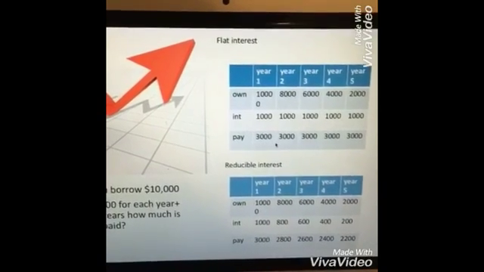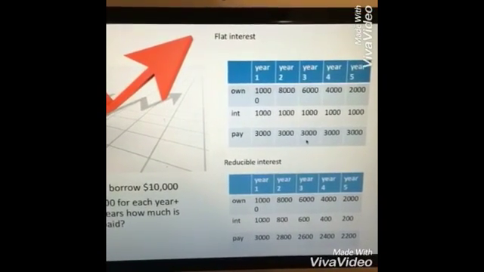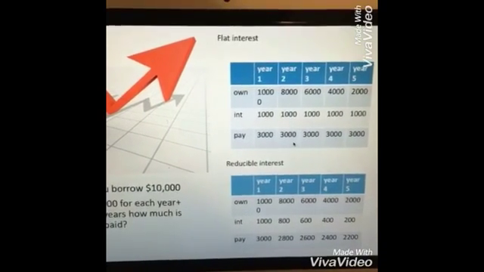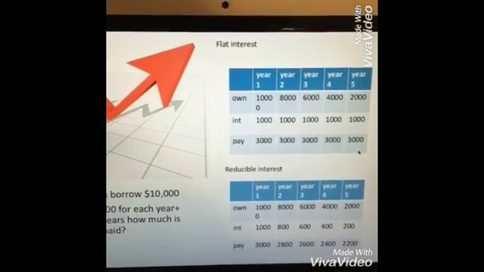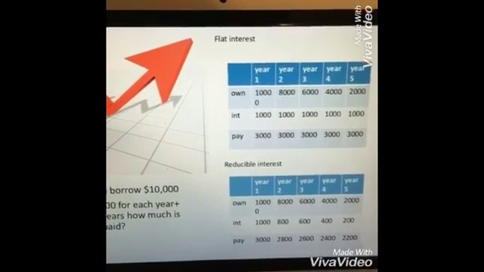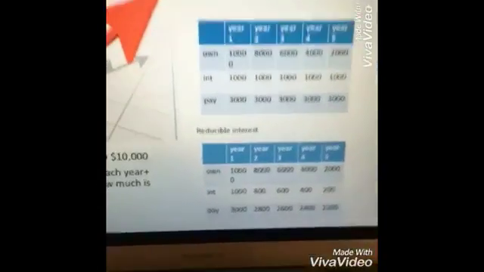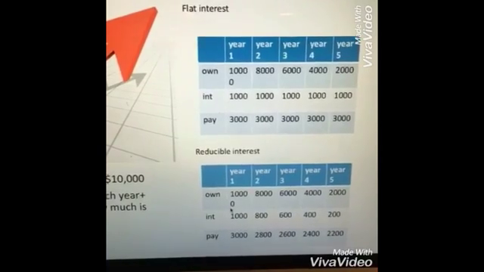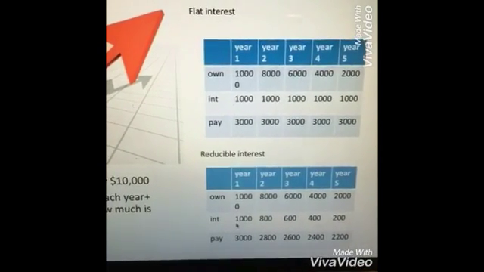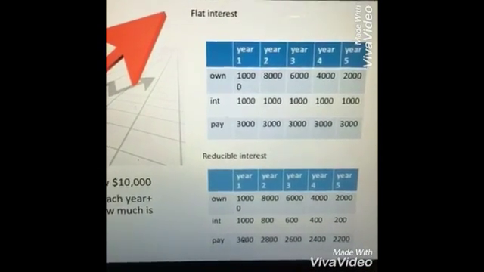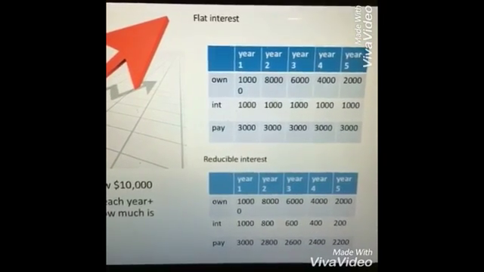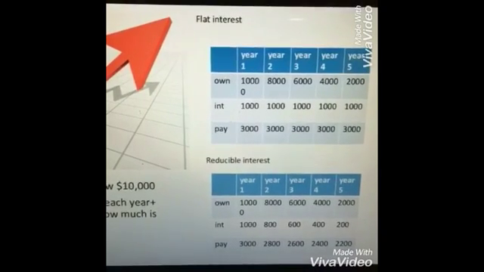And for the next 4 years, you need to pay 3,000 each year. But compared to the reducible interest rate, you only pay 1,000 for the interest in the very beginning, plus 2,000 for the payment. So in the first year, you pay 3,000.